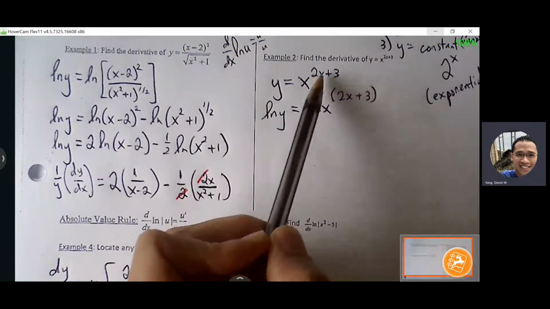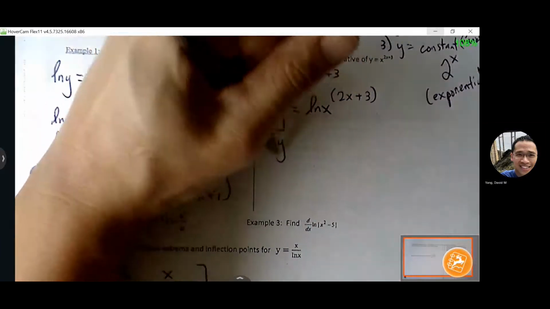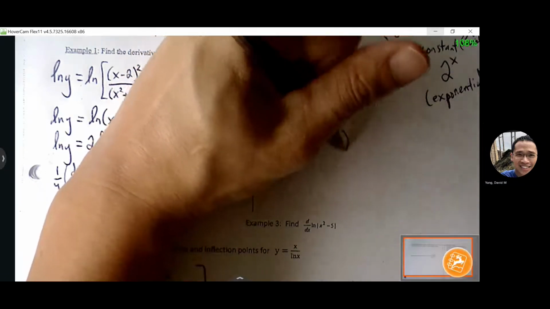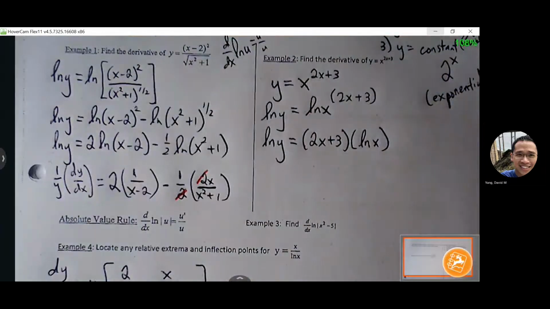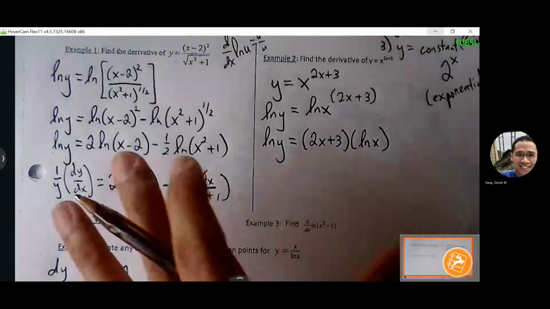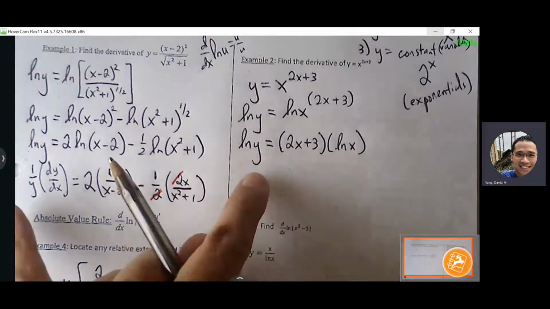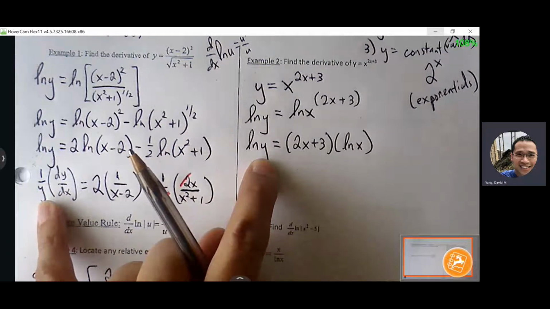So we'll bring that 2x plus 3 down in front, times natural log of x. Okay, so now, like before, I can do the derivative the same way as before. Left side is 1 over y dy dx.